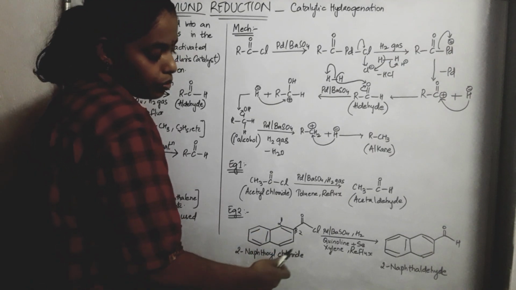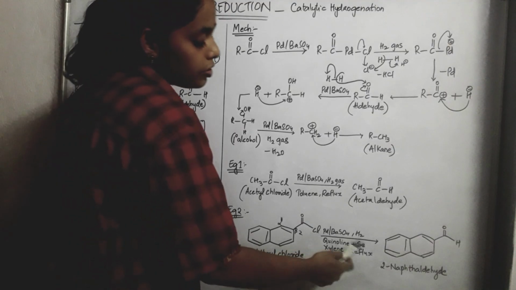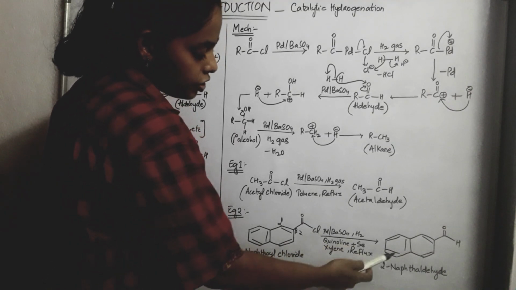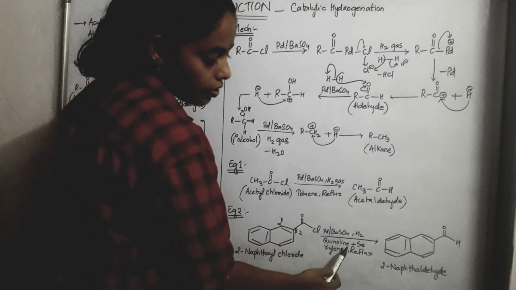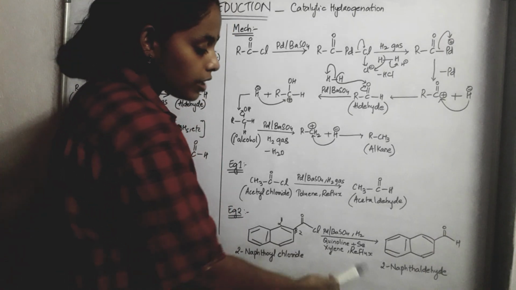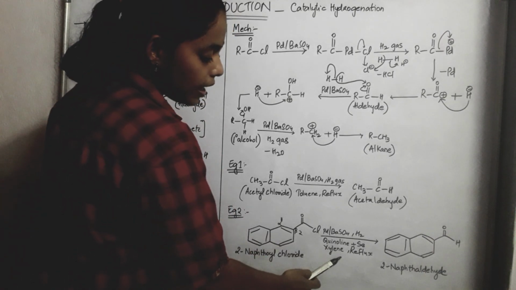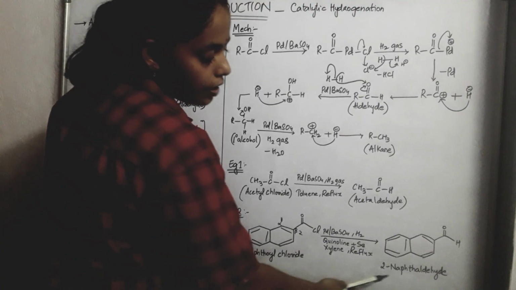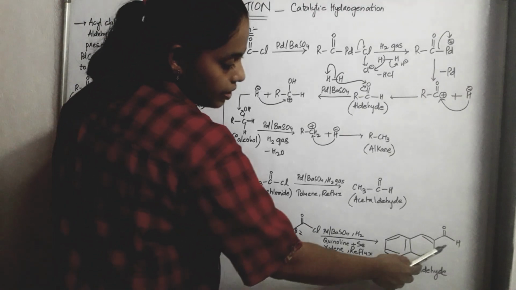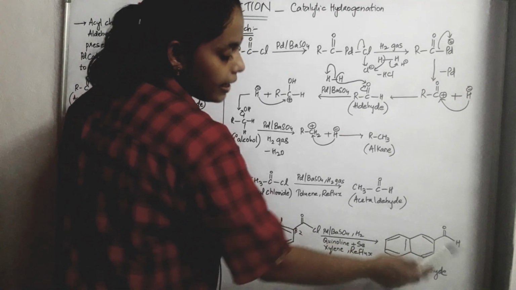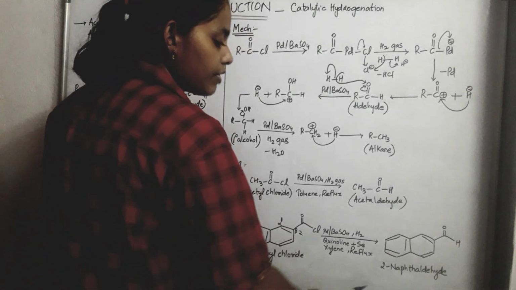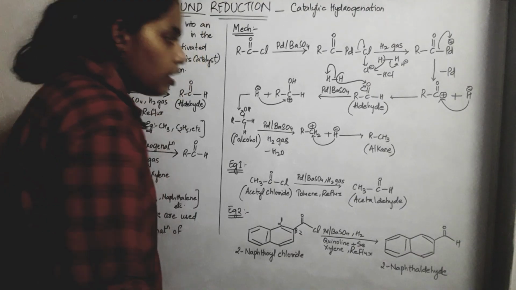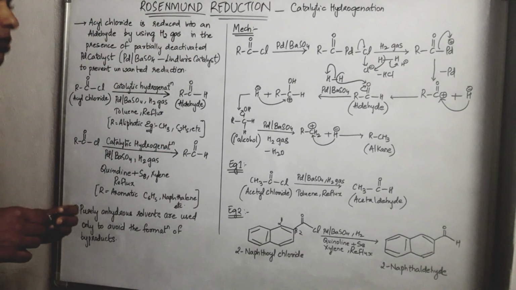So you can even say 2-naphthoyl chloride, in the presence of Lindlar's catalyst by passing hydrogen gas, in the presence of purely anhydrous solvents, which are quinoline plus the polyatomic sulfur S8, and xylene, and on reflux we will get 2-naphthaldehyde. So here we are getting an aldehyde group, C double bond O, H. This can be 2-naphthaldehyde, or you can even say beta naphthaldehyde. So this is Rosenmund reduction.